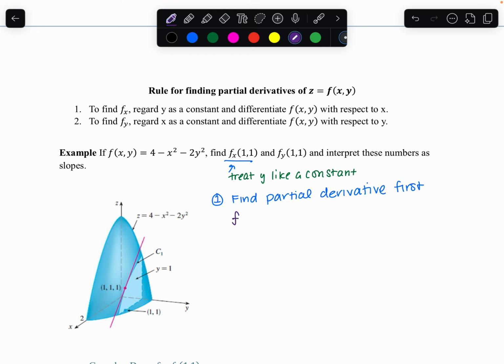So I want to find f sub x, which is the same as the partial derivative of f with respect to x. And so I'm going to take the partial derivative with respect to x of my function. My function was 4 minus x squared minus 2y squared, right?